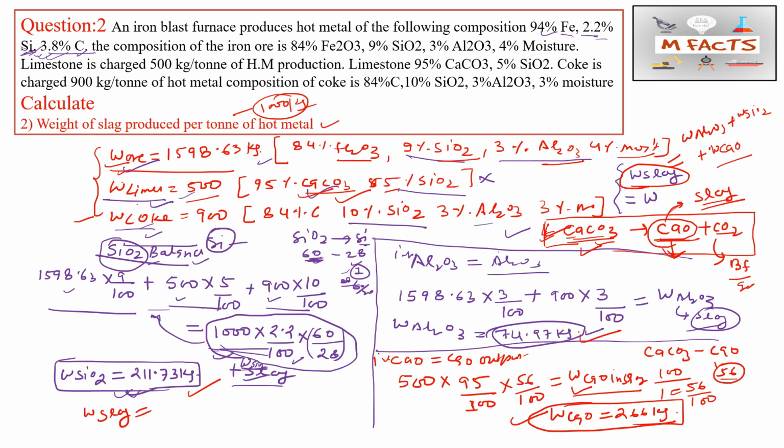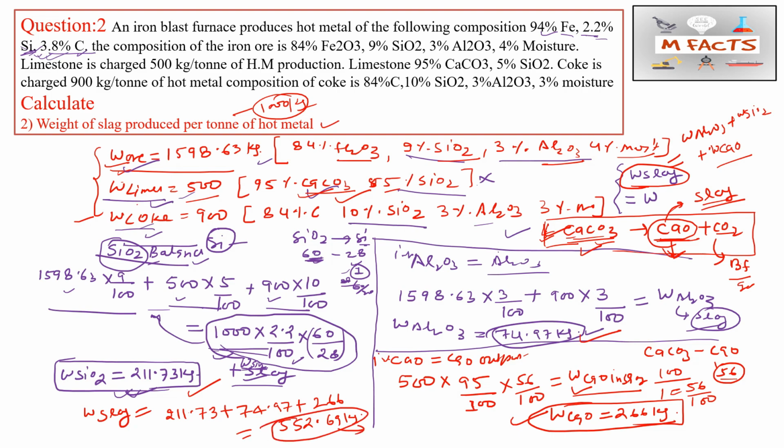So we will add the weight of SiO2, that is 211.73, plus 74.97, plus 266 kg. So this will come to 552.69 kg. So this is the answer for this question.